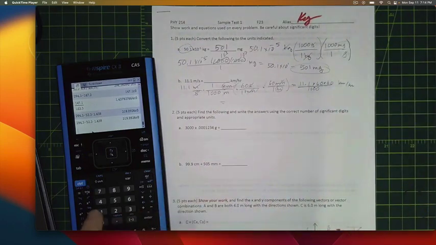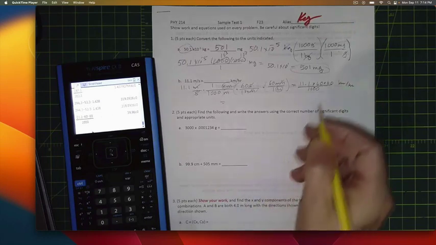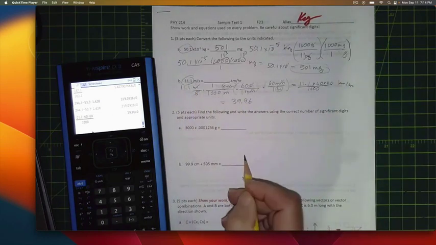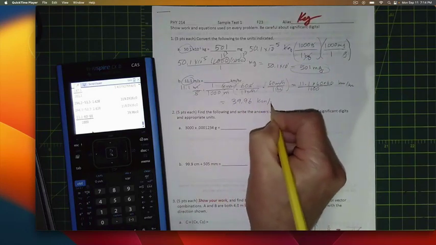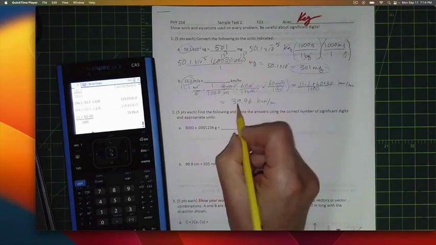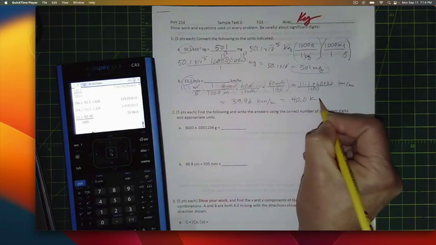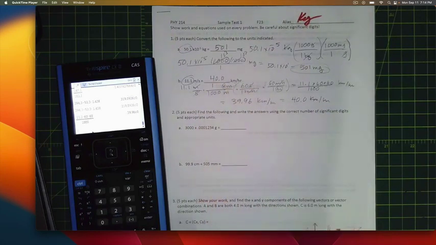Plugging that into our calculator, 11.1 times 60 times 60 divided by 1,000, and we end up with 39.96. But we only have 3 significant digits, so we've got to round this to 3, and that's kilometers per hour. So that would be 40.0 kilometers per hour, to 3 sig digs.